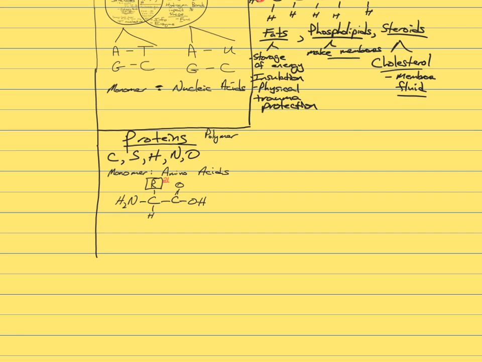So proteins are polymers of amino acids. They're polymers of amino acids. And so we can connect them together. What do proteins do? They're the functional unit. They do everything. They function. They have primary structure.